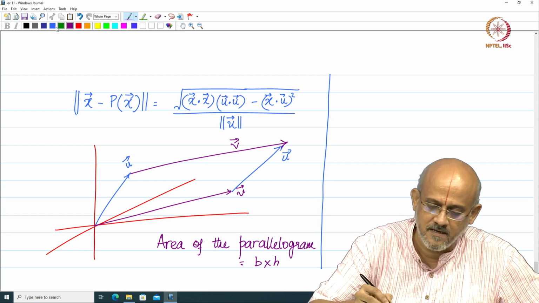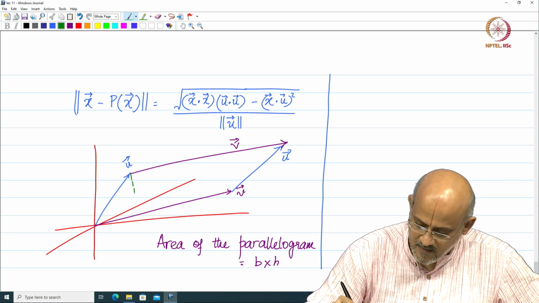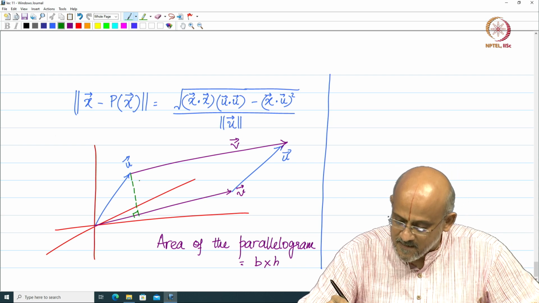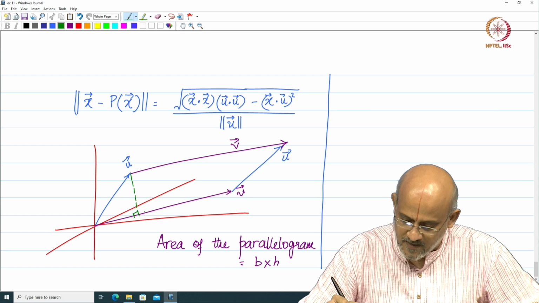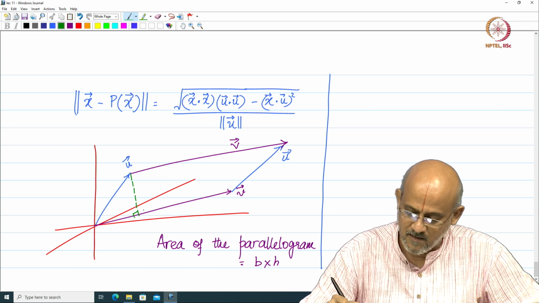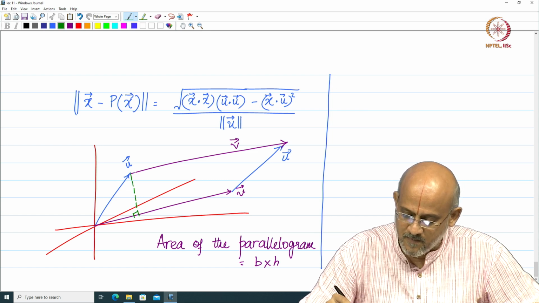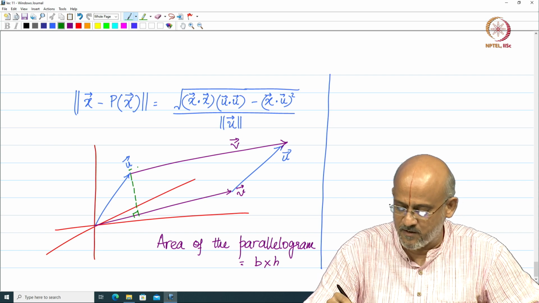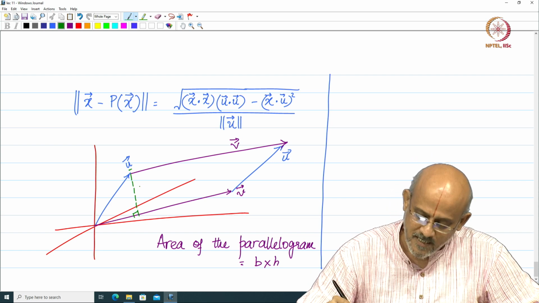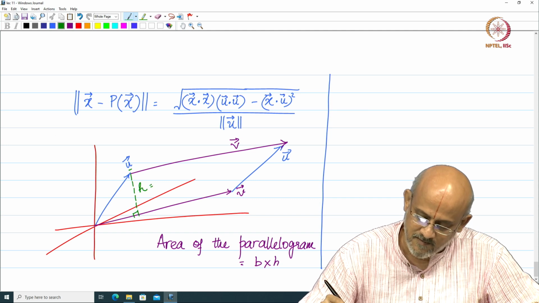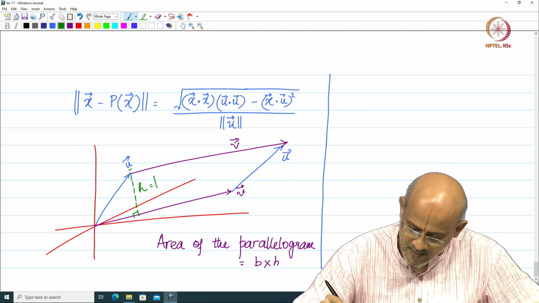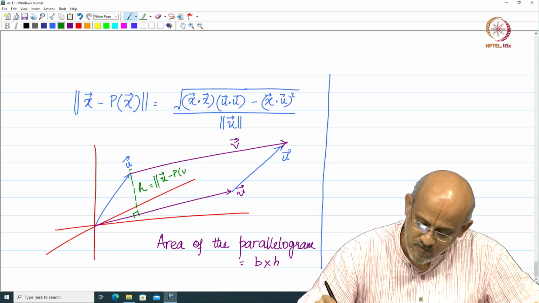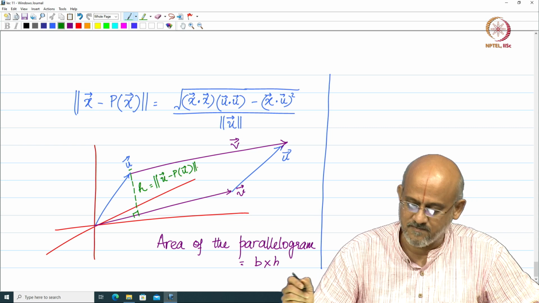The height is here, and that is exactly the length of the difference vector. The difference vector is the difference between the vector u and the projection of u along the direction of v. So that is going to be my height: the length of u minus the projection of u in the direction of v.